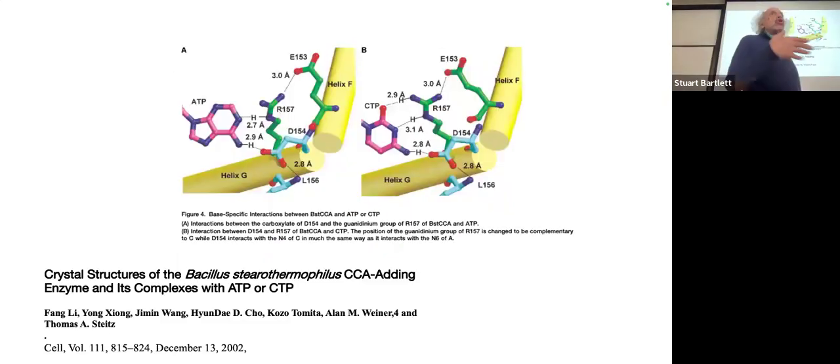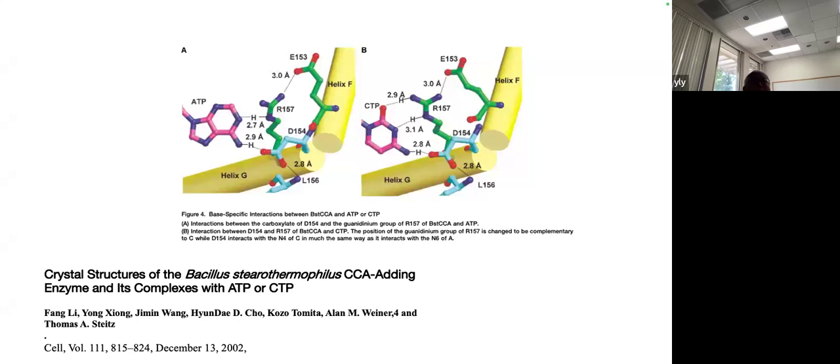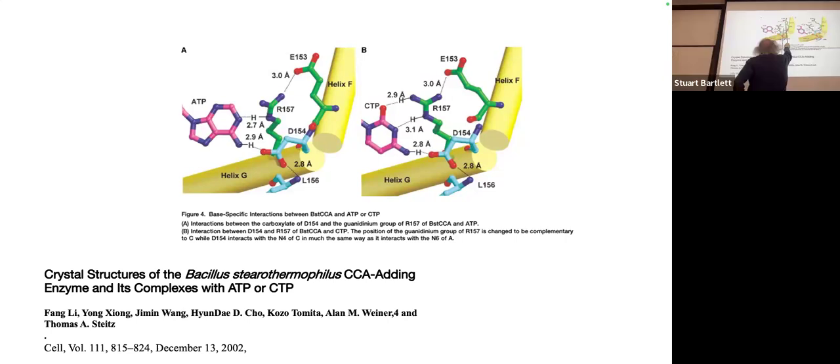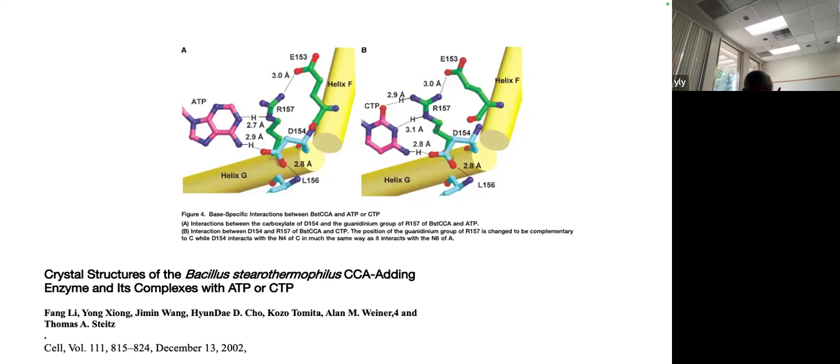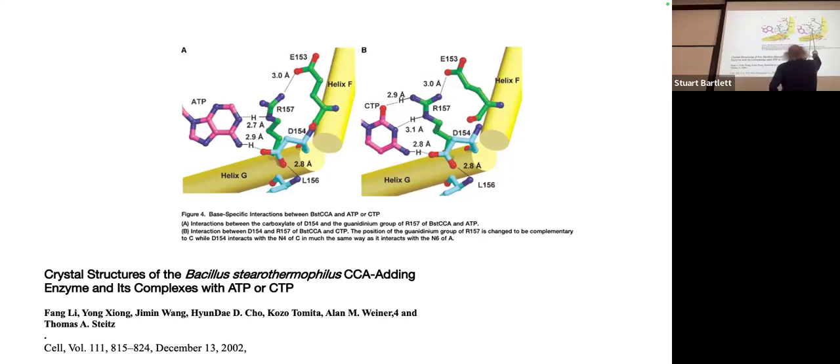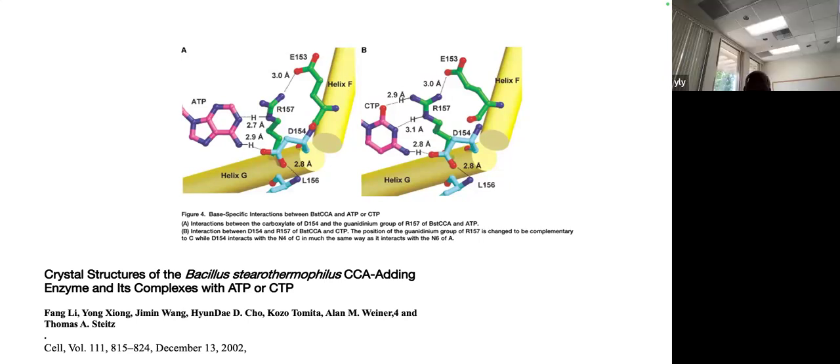Now, this is to show you without the helices and everything else. Here is the arginine site. There is the glutamic site. This is the aspartate site. And this is now recognizing the ATP. And here is the arginine site.